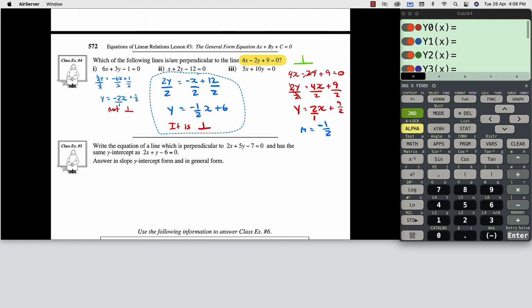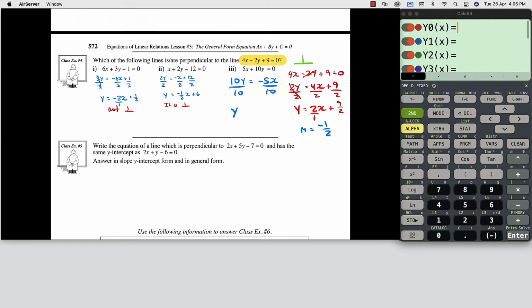The last one, okay, the 10y is already positive, so we'll leave that there and subtract 5x from both sides. So we've got 10y equals negative 5x. I'm going to divide everything by 10, and we're left with y equals negative 5 over 10 is negative 1 over 2x.